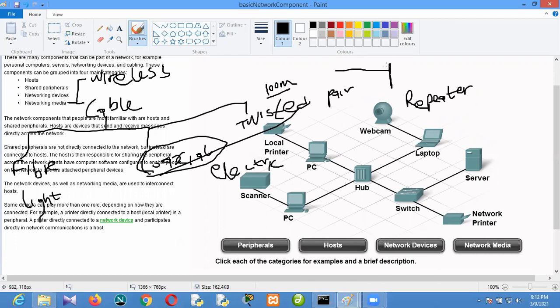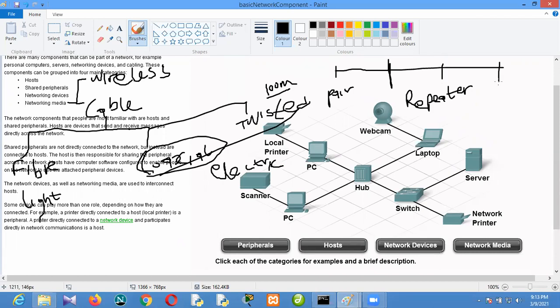You put a repeater so that you can go more than 100 if you are going far.